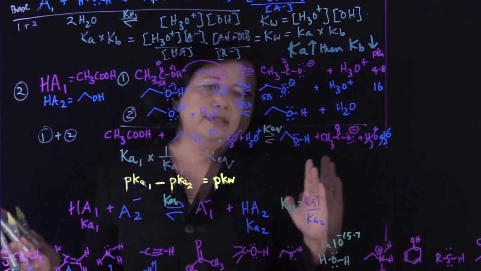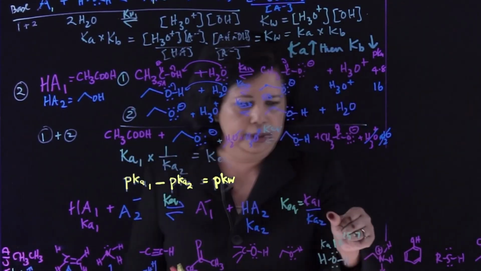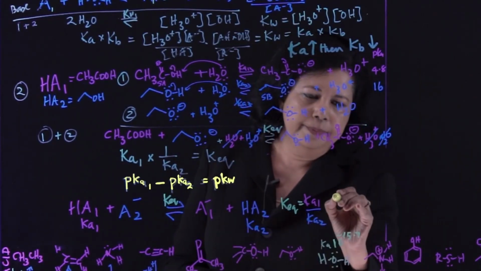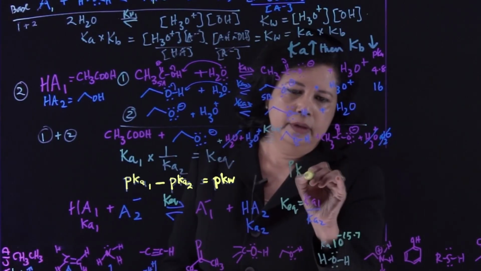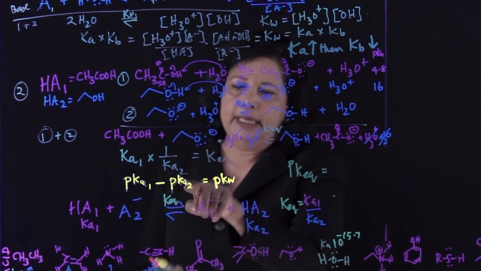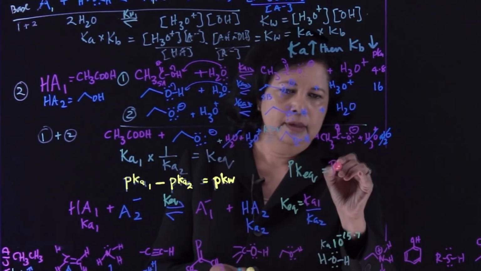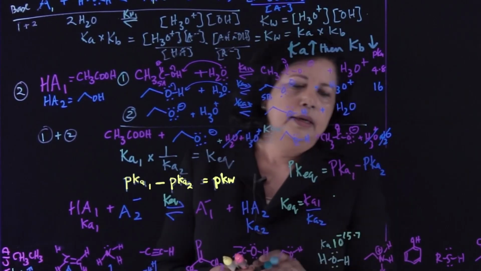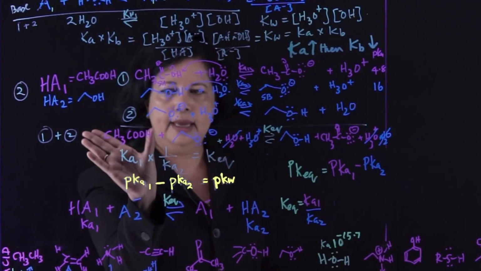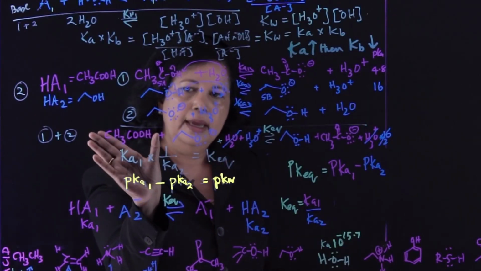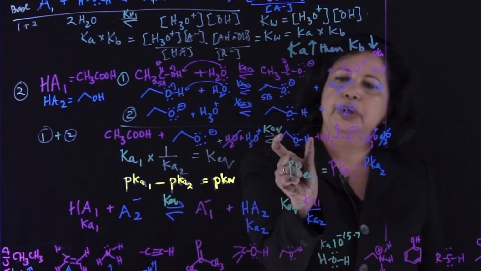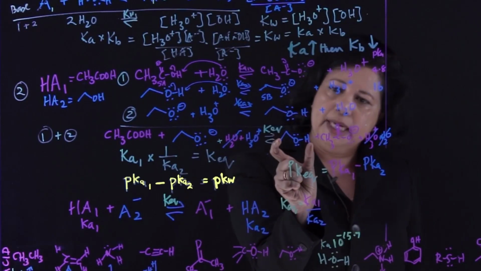We can also say this in terms of pK equilibrium, taking the negative log of this. So pK equilibrium, and I write this here, is going to be pKa1 minus pKa2. Now, the way we write this equation, we're always going to write the acid on the left-hand side, and the conjugate base is going to get protonated by that, and it's going to give you the weak acid on the right-hand side.